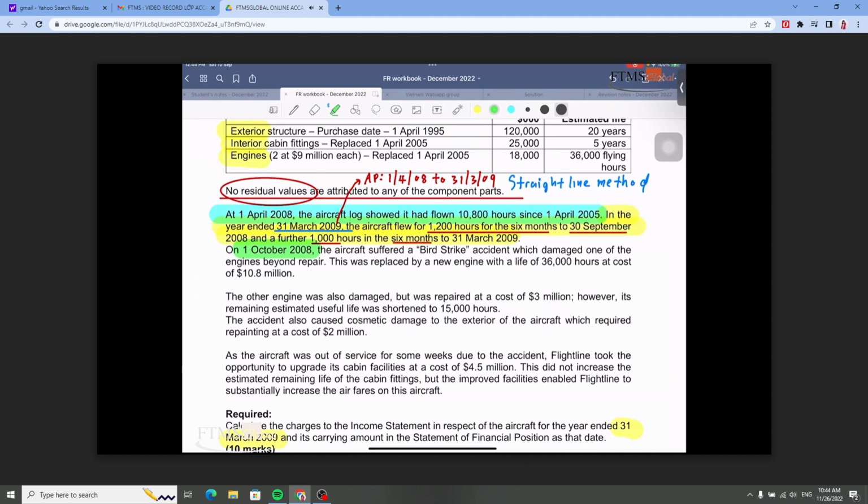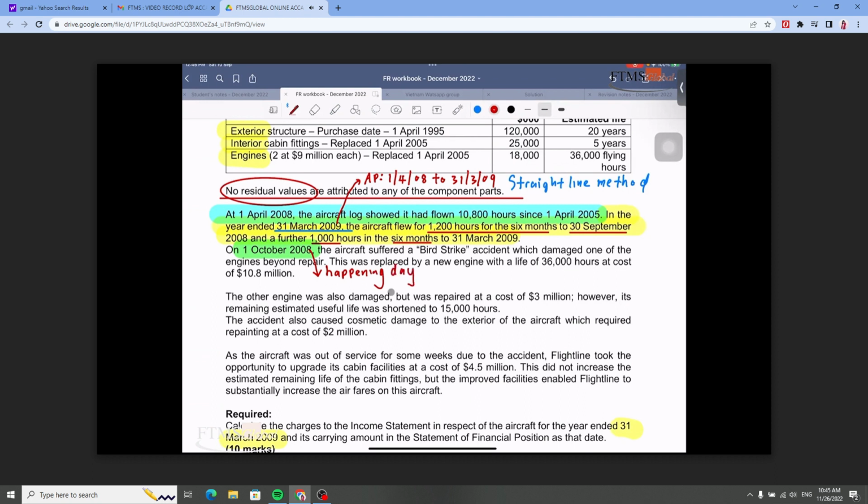Okay, so first of all, we need to understand this 1st October 08 first. This 1st October 08, first thing, do you see this is the happening day? Right, the aircraft hit a bird, then of course, leading to some damages. So this is the happening day.